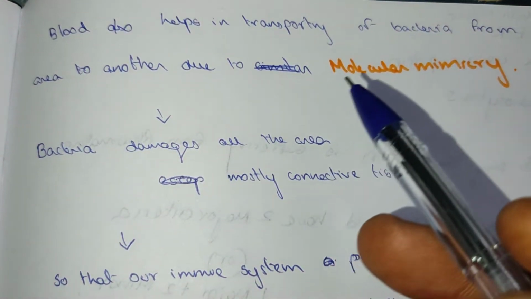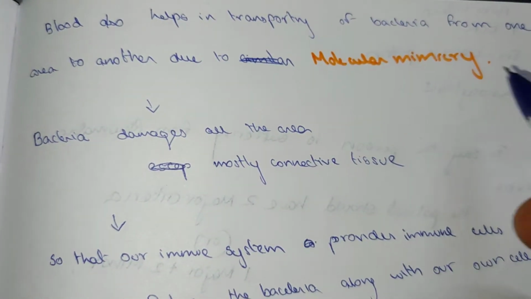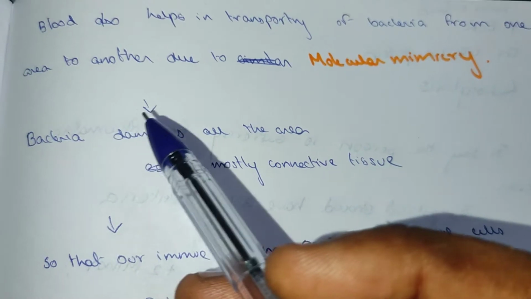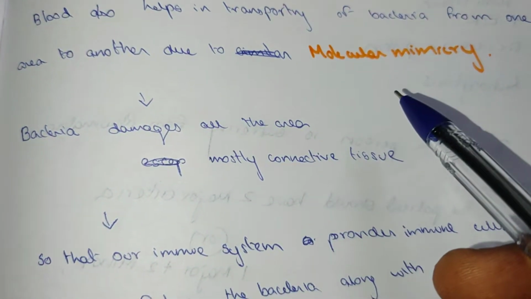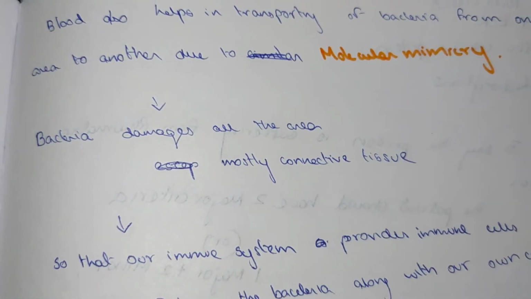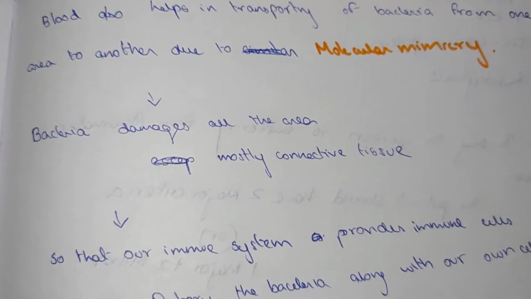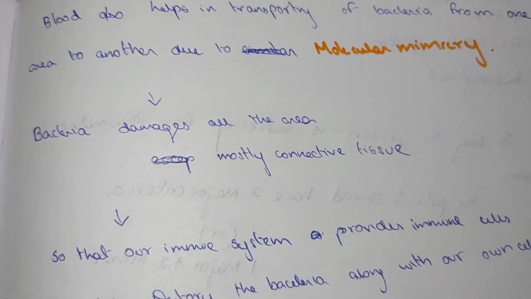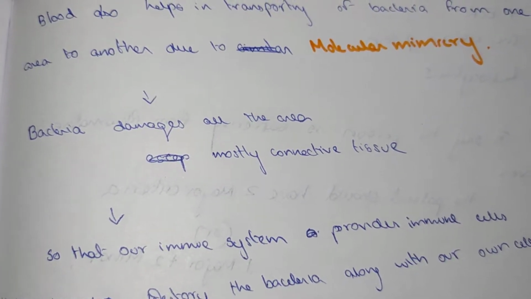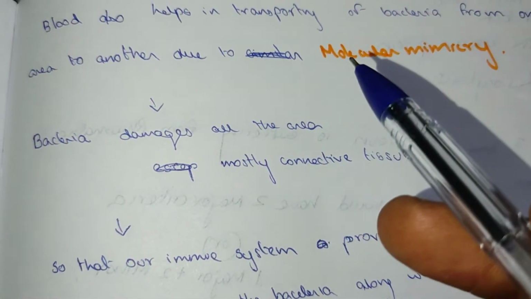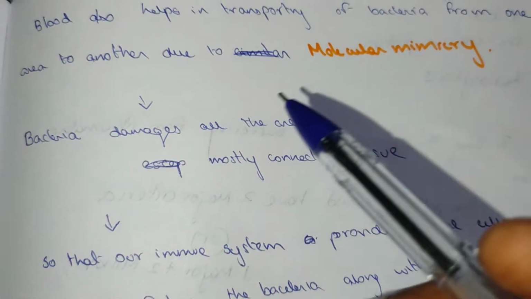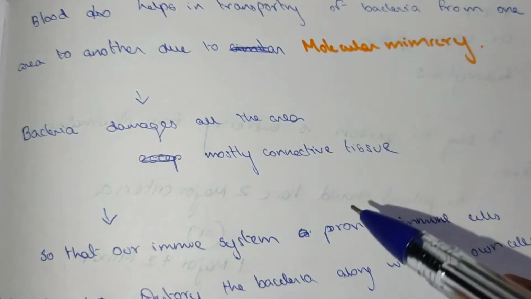The blood also helps in transporting the bacteria from one area to another due to molecular mimicry. Due to the similarity between the streptococci and our body components, the blood transfers the bacteria from one part of the body to another part of the body.